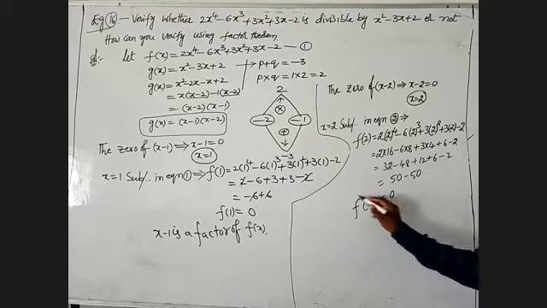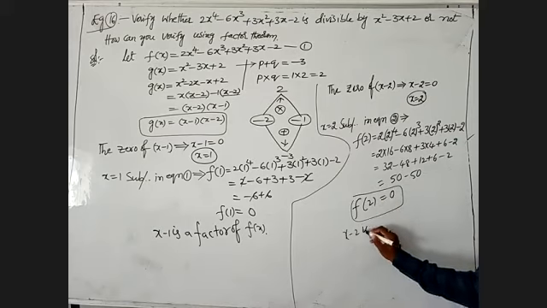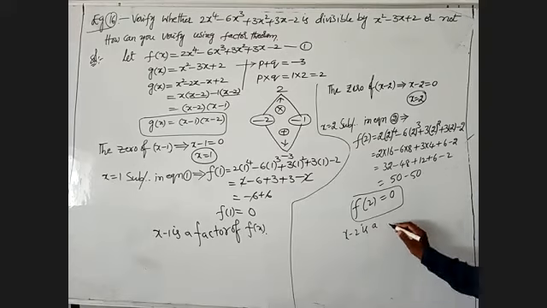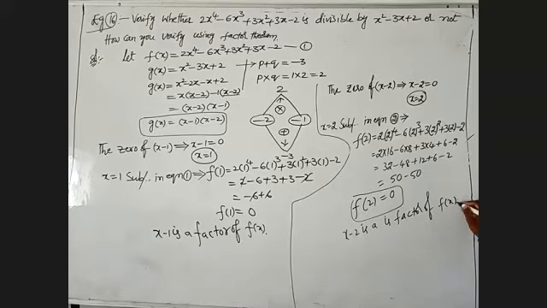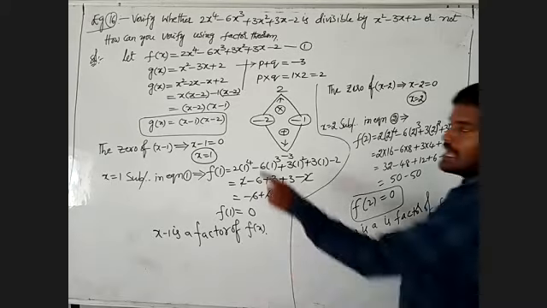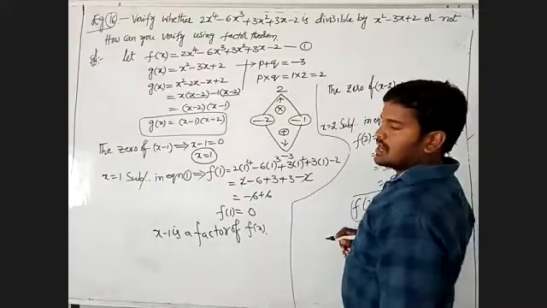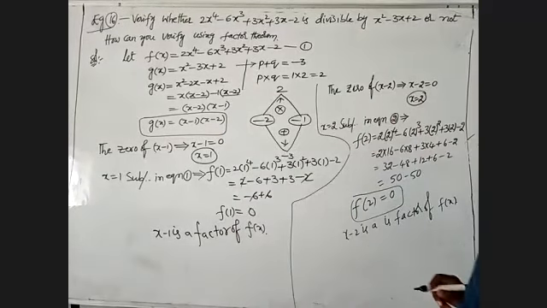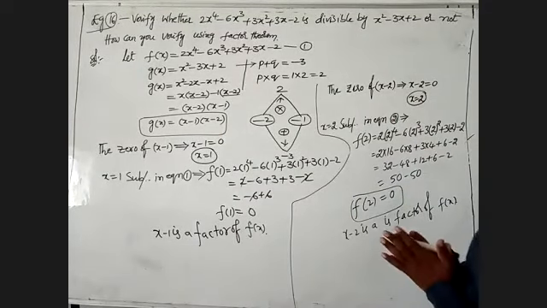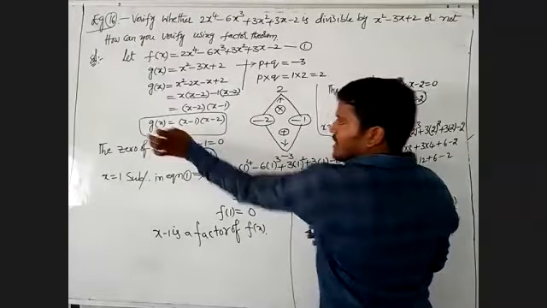f of 2 is equal to 0 means x minus 2 is a factor of f of x. We observe that x minus 1 is also a factor of f of x, and x minus 2 is also a factor of f of x. Finally, x minus 1 into x minus 2 is g of x.